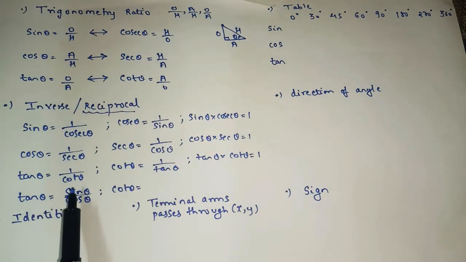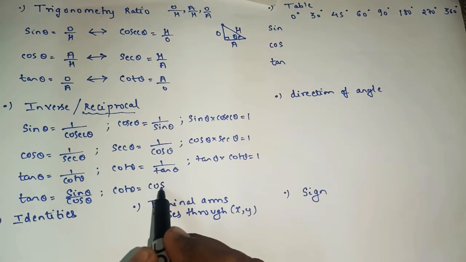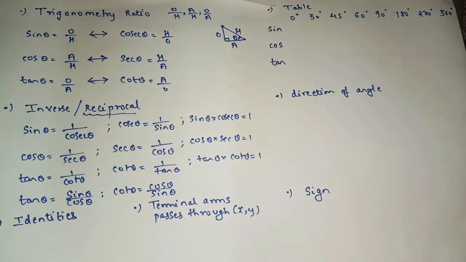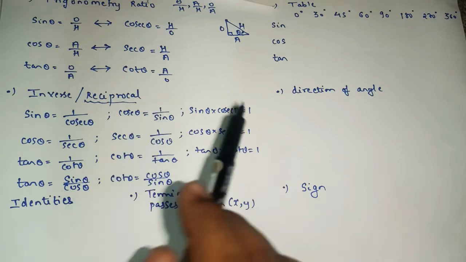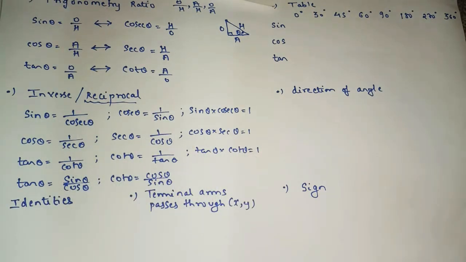So here we got tan as sine upon cos, so cot will be its reciprocal, cos theta upon sine theta. So for inverse and reciprocal, there are 11 formulas you have to keep in your mind.